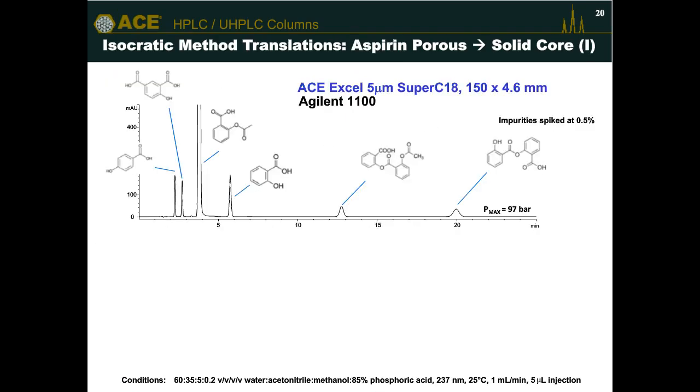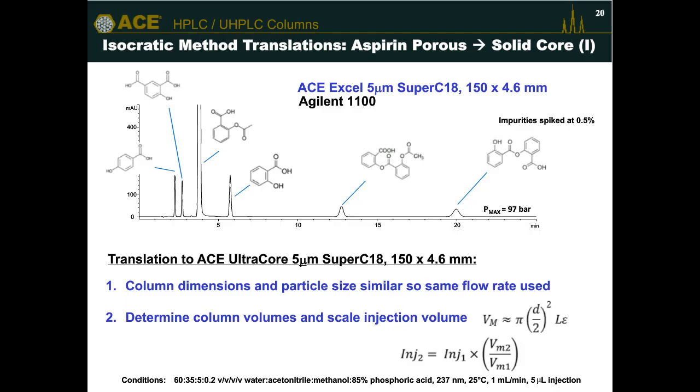So here's another isocratic translation that we'll go through quite quickly. We're looking at a fully porous C18 column, the Super C18 in this instance, on a standard HPLC system. And we've got a 20-minute runtime. What we want to do in this case, and what we're allowed to do according to the pharmacopoeia, is actually move from a fully porous phase to a superficially porous, so a solid core phase. But we're going to move to a column of exactly the same format.